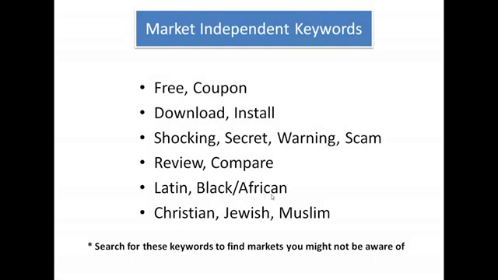Latin, black, or African, these ethnic terms, or some religious terms, are very big in dating, but you'd be surprised, they're big in other affiliate markets as well. The reason is that they help target an offer toward that audience. Anytime you can make somebody feel like an offer is created especially for them, it's going to convert higher.